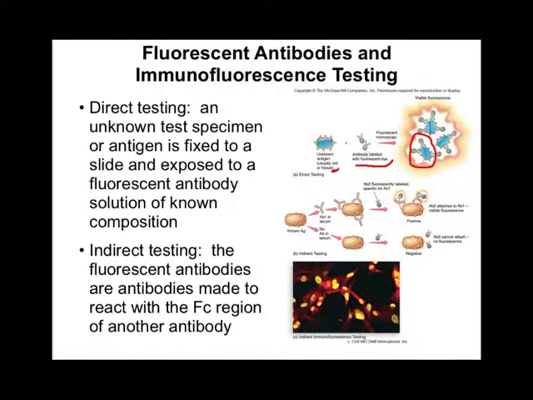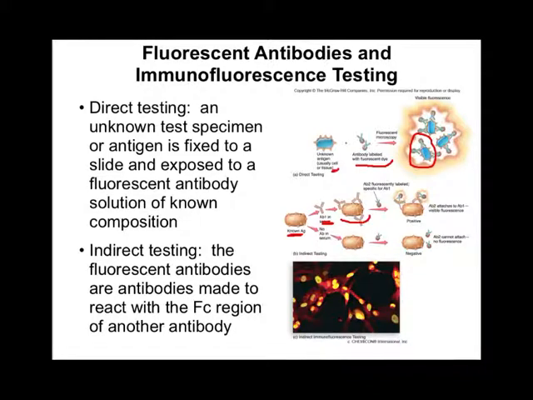In indirect testing, the fluorescent antibodies are antibodies made to react with the Fc region of another antibody. So in this case, we have a known antigen, and then we put a couple of different antibodies in the serum. Antibody 1 is in this serum, and it's going to attach to this particular cell.